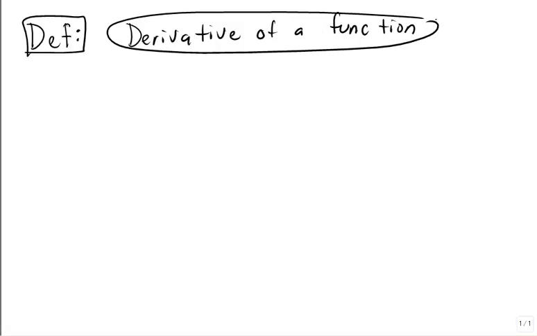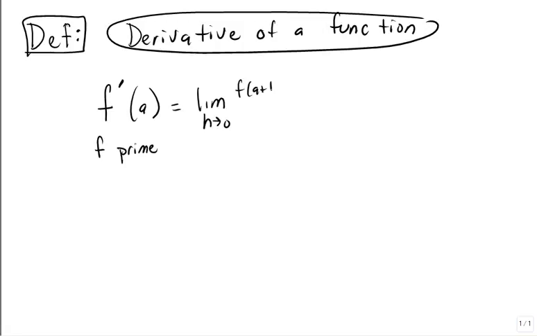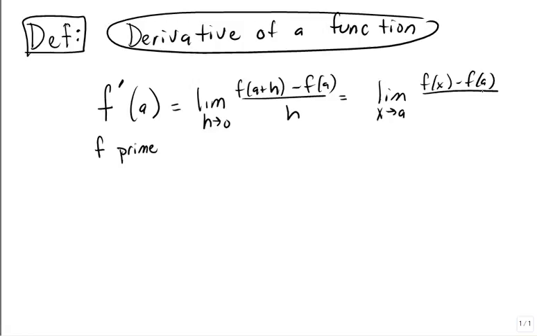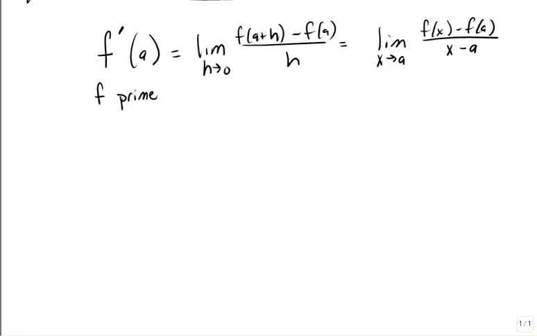The derivative of a function, we're going to use the symbol f prime of a, and that's equal to the limit, again, as h goes to 0, of f of a plus h minus f of a all over h. Or you can use this formula: the limit as x approaches a of f of x minus f of a all over x minus a.